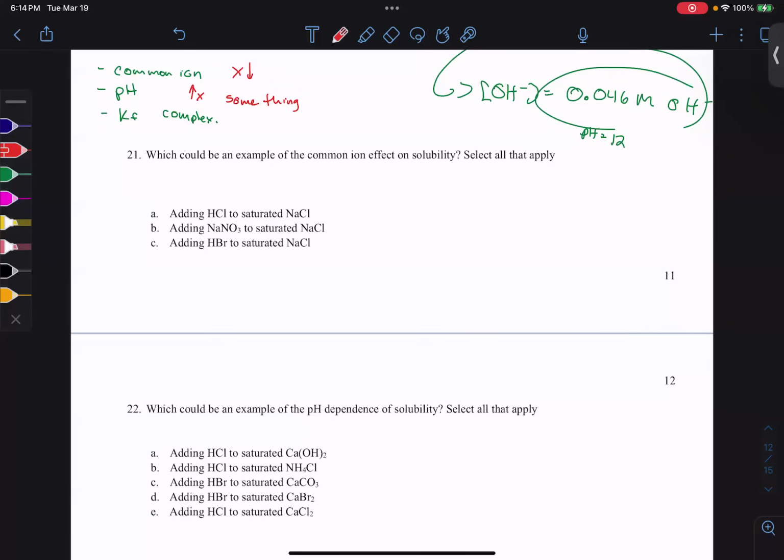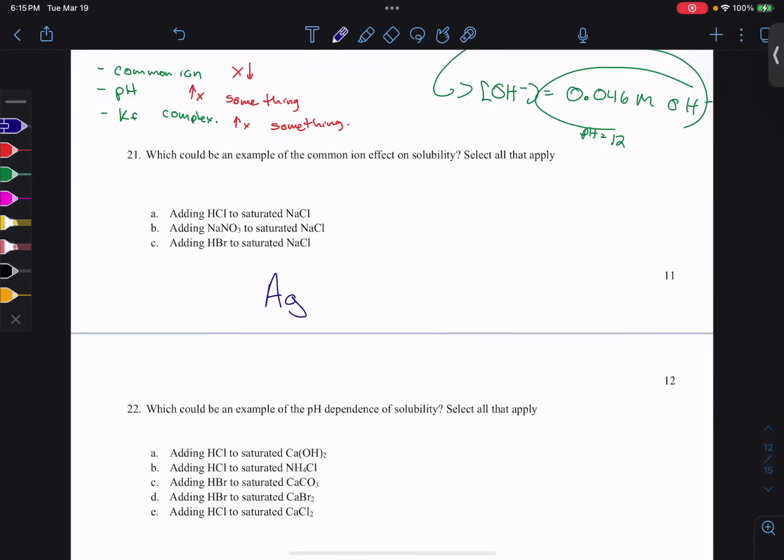Complex ion formation also increases solubility, but only for things that can form complex ions. That's the trend, but really it's fancy Le Chatelier's principle. So let me show you an example.